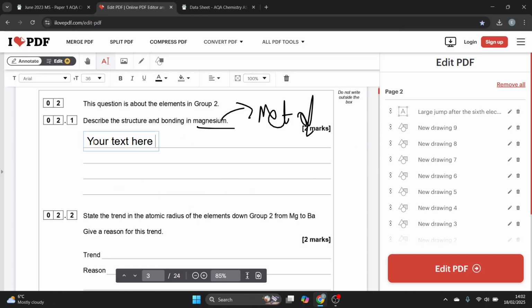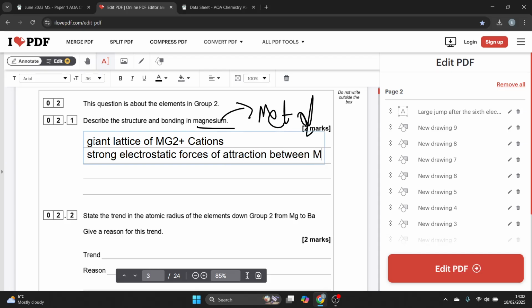You can't just say giant lattice of Mg2 plus cations, because it's positively charged ions, and therefore strong electrostatic forces of attraction between Mg2 plus ions and delocalized electrons.